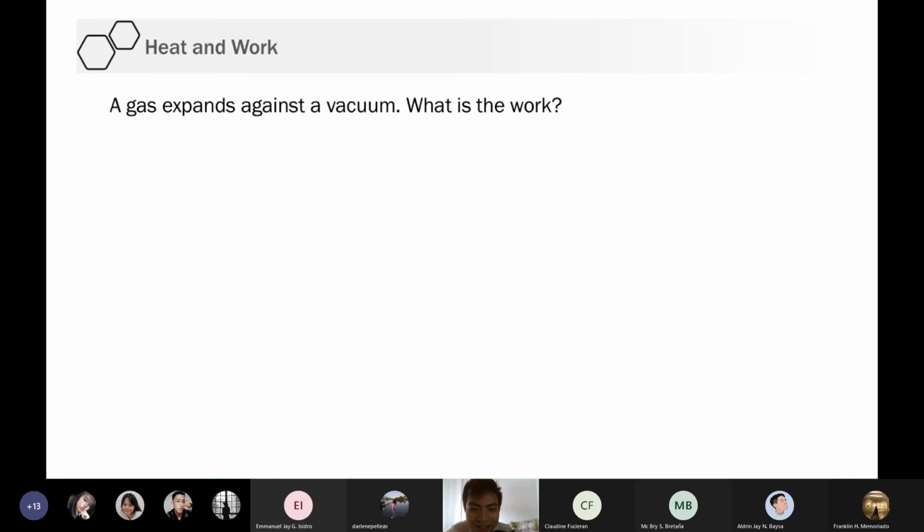So, wala kasing external pressure. Diba sabi ko sa inyo, yung pressure na gagamitin mo kapag work is the final pressure always, the P2. So, if wala kang P2, again, at the vacuum, there is no pressure. Ibig sabihin, wala kang i-resist na force. So, ibig sabihin nun, 0 talaga yon. Okay? So, pakita natin mamaya.